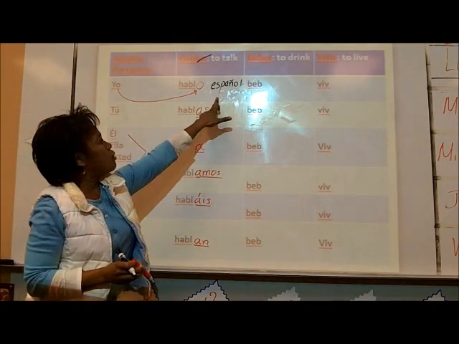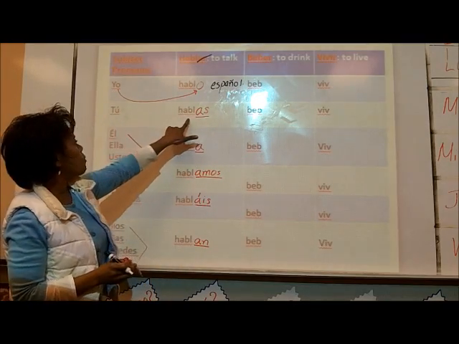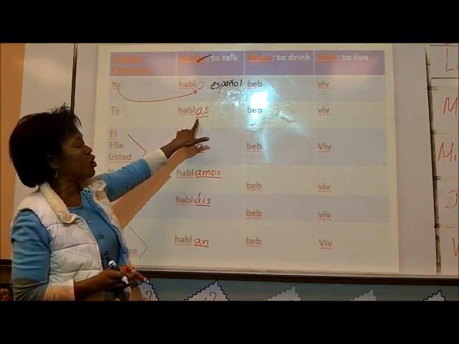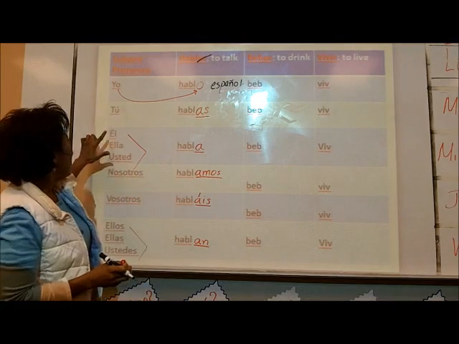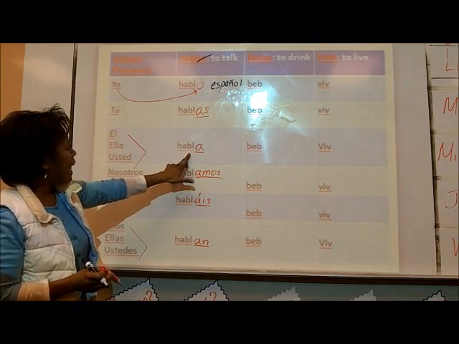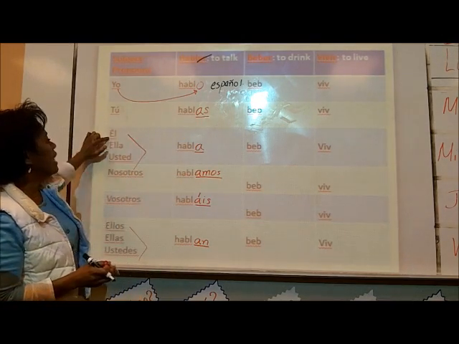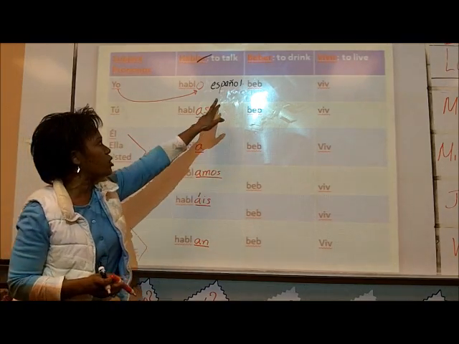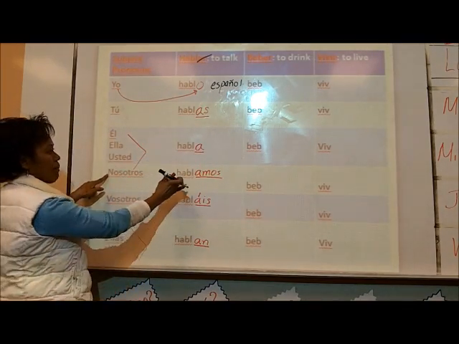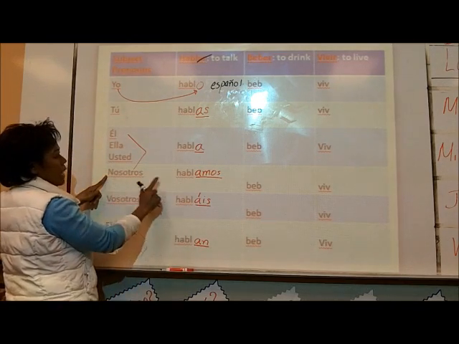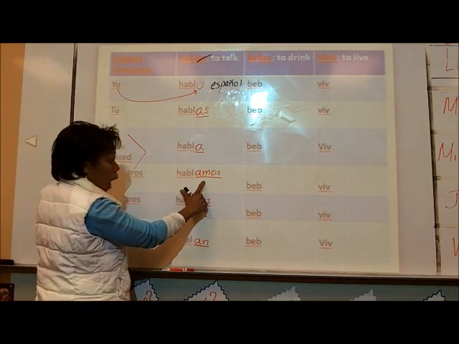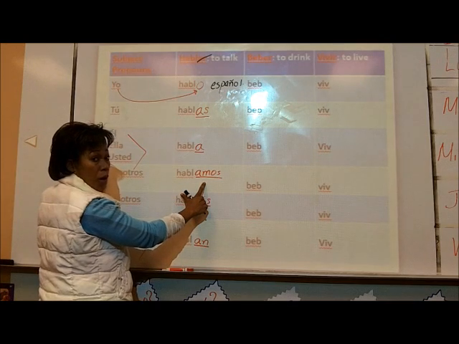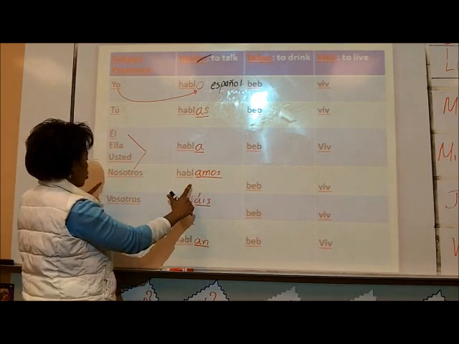Tú hablas español, you speak Spanish or you are speaking Spanish. Él, ella habla español, he speaks Spanish or he is speaking Spanish. Nosotros hablamos español, we are speaking or we're talking Spanish. We are speaking or we speak in Spanish.